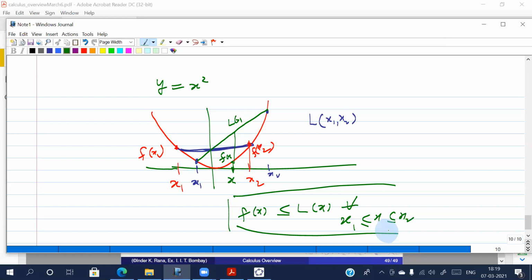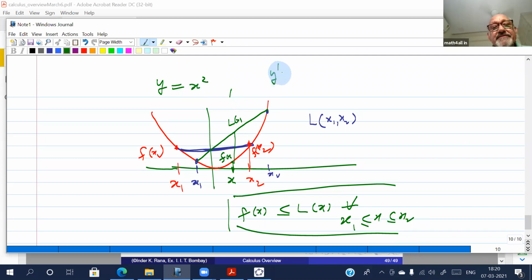Now, if you have extra knowledge about the derivative, can you say something about the function without looking at the graph? I don't know the graph at all. For example, for y equal to x square, I know the derivative and the second derivative. Let us analyze this function.